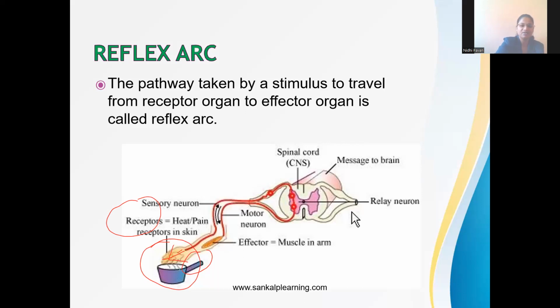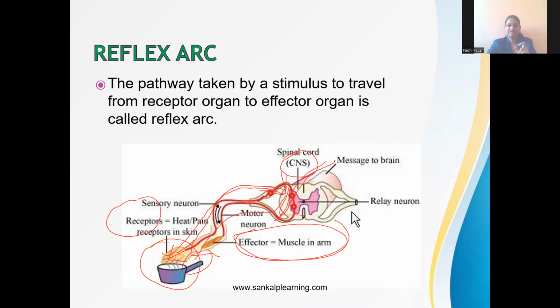Then that signal will be sent to the central nervous system. The central nervous system consists of the spinal cord and the brain. Through the sensory nerve, that signal is passed and the message is sent to the brain. The brain gets to know it is hot, it is not good for you. So again, through the motor neuron, the brain sends the message to your hand, to the muscle in the arm, to take off your hand.